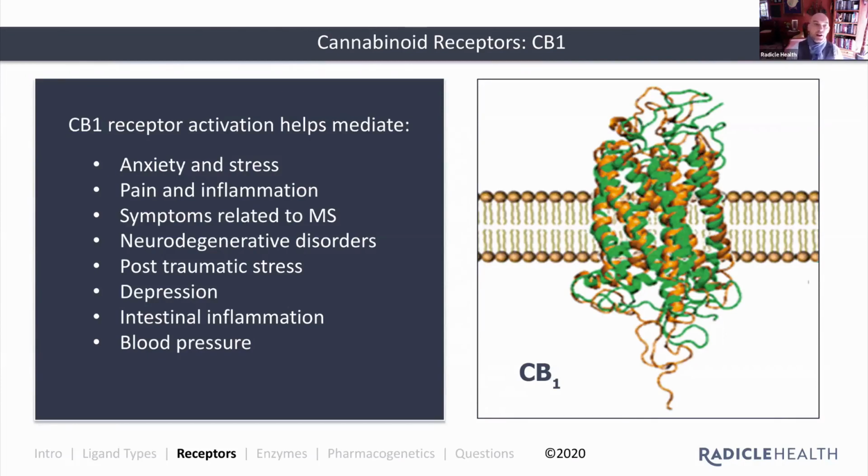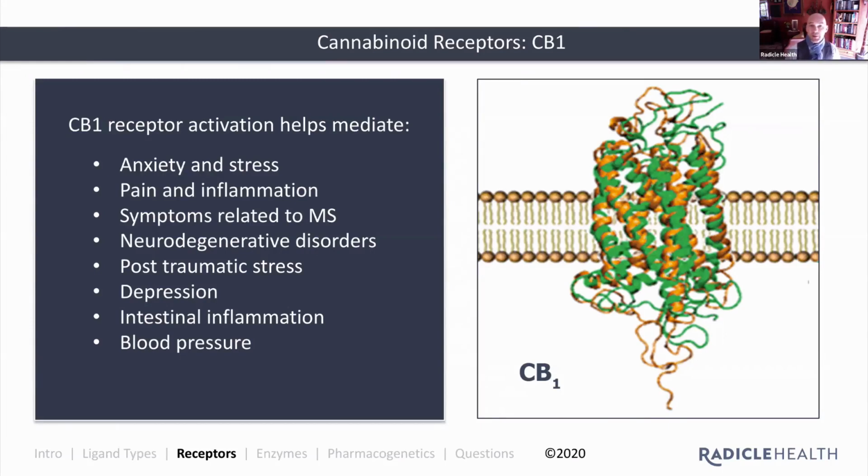CB1 receptors are activated by phytocannabinoids, by cannabinoids found in cannabis, by our endocannabinoids, anandamide and 2-AG, and also by synthetic cannabinoids. And of course, the activation of CB1 receptors is responsible for the psychoactivity that we feel when we use THC.